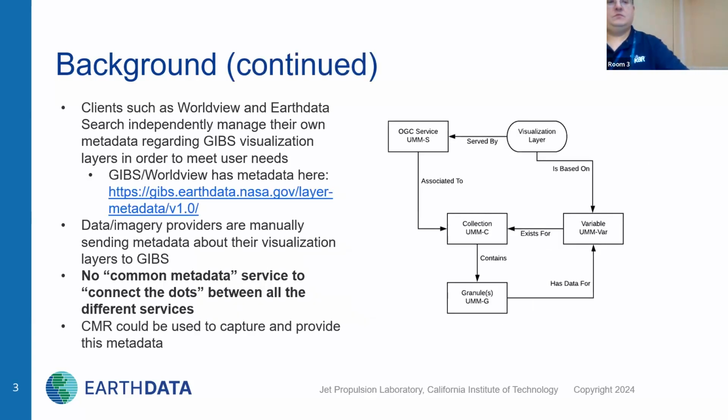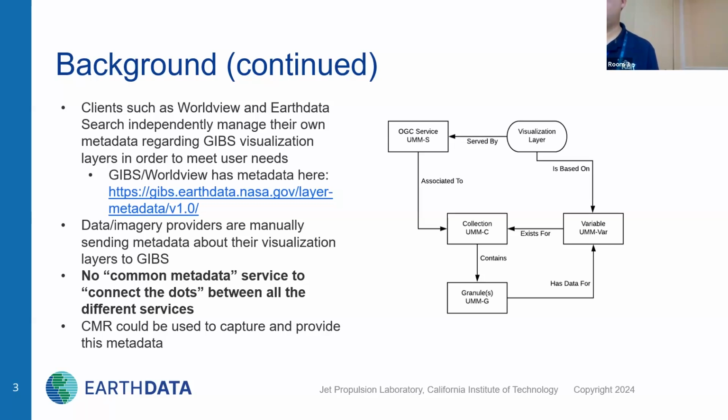Also, clients like Worldview and EOSDIS Search currently manage their own metadata independently in order to satisfy user needs. And the browse image providers are currently manually sending their metadata for their visualization layers to GIBS.